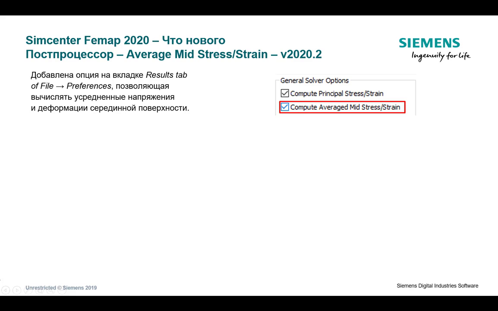As I mentioned before, Femap will place results in the middle of plate elements in the 8000 range in version 2020.1 and above. We had an API script to calculate these values in many versions of Femap, but now for version 2020.2, we've actually added an option to the results tab of file preferences, which is compute averaged mid-stress strain.